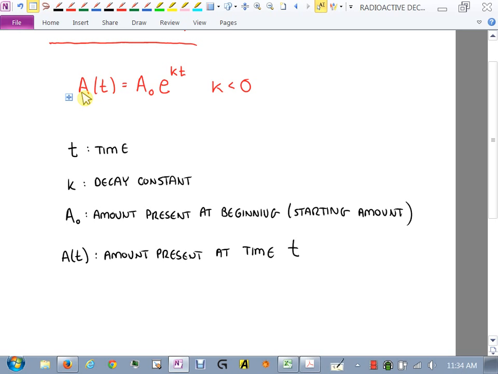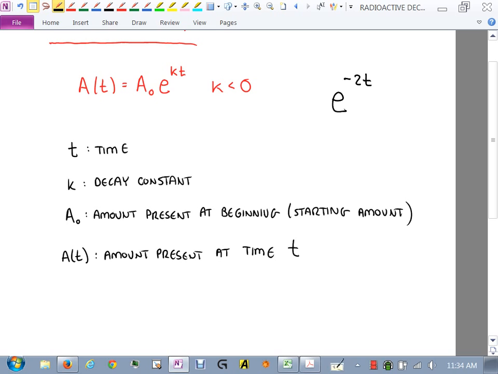We okay with this? The fact that the k is negative means that this exponential function looks like what? Remember, there's two types of exponential functions. We have growth and we have decay, right? Those were the two kinds. When you put a negative number up here, it looks like this. E, let's just make a negative up.